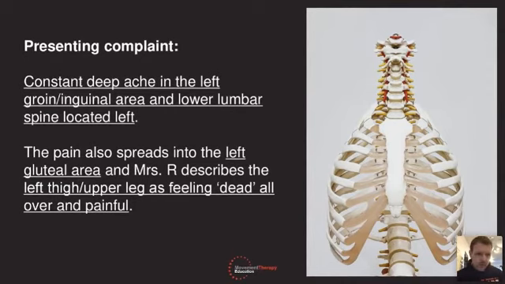So we've got a constant deep ache in the left groin or inguinal area, around the front of the hip area. Now this is an interesting one. If someone complains of pain here, that's where your hip is. If someone complains here, that's not where your hip is.